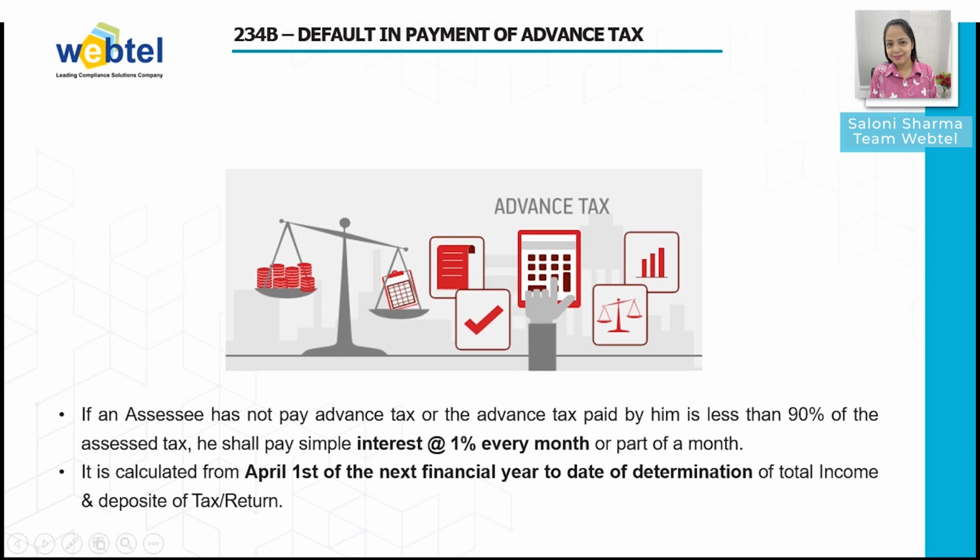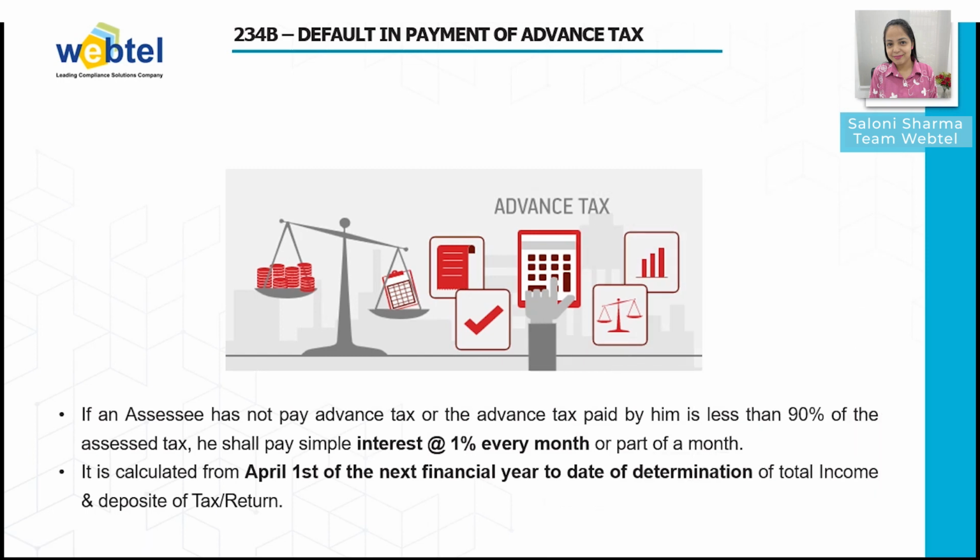So if an assessee has not paid any advance tax or the advance tax paid by him is less than 90%, then interest at the rate of 1% every month, or part of the month, would be calculated, and it would be calculated from 1st April of the next financial year to the date of determination of the total income and the deposit of your tax or your returns.